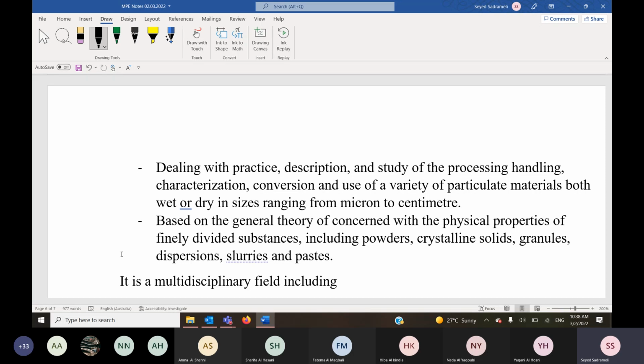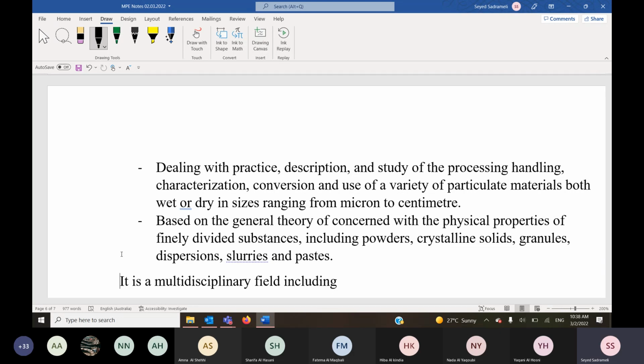So in mechanical process engineering, we are going to talk about the handling of such solids, and how we can characterize them in size, density, and other parameters.